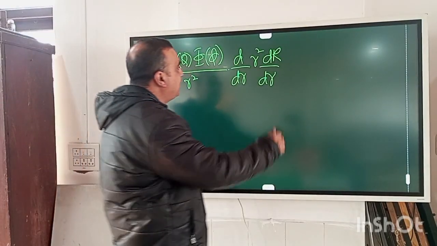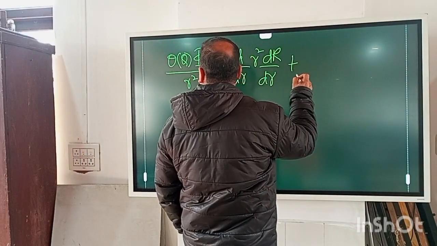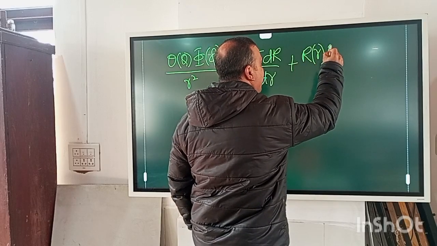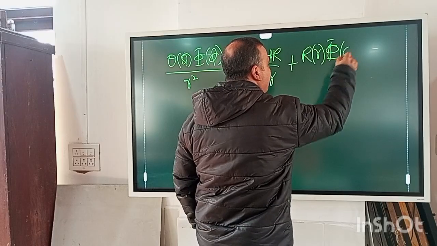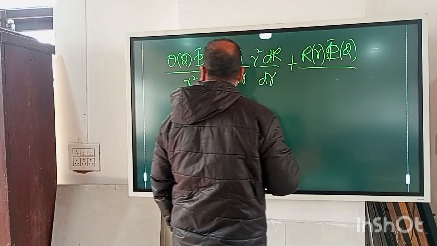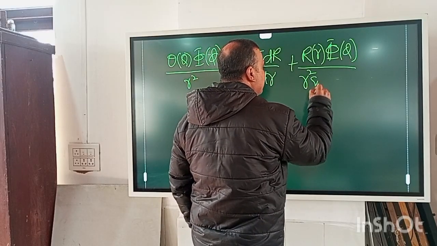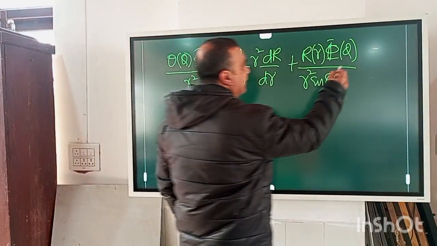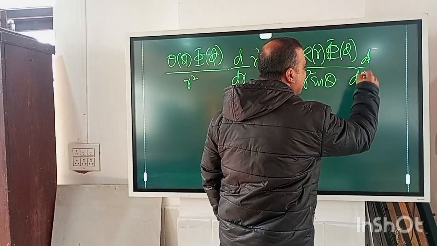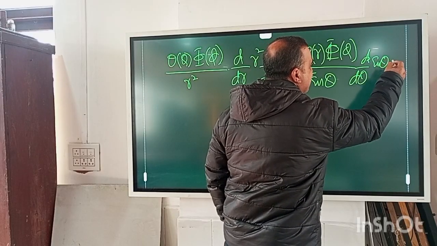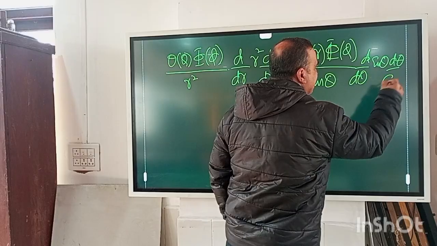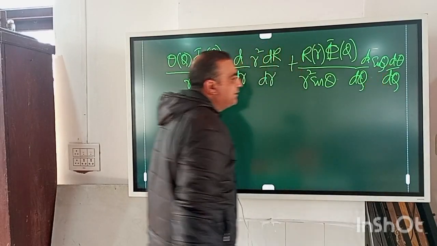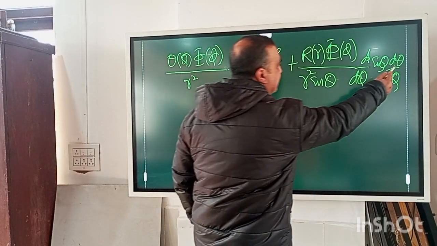For the second part, R of r will be out, Phi of phi will be out, and in the denominator you will have r squared sine theta, and then d by d theta of sine theta d Theta by d theta. So these are small thetas, and this is our capital Theta.